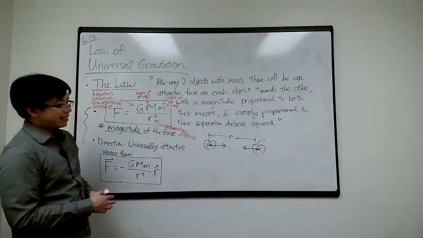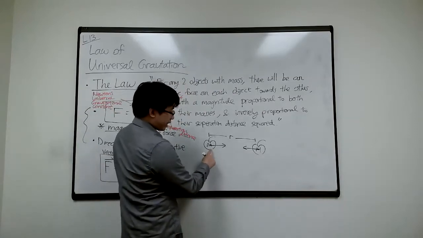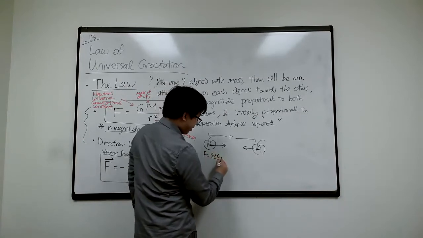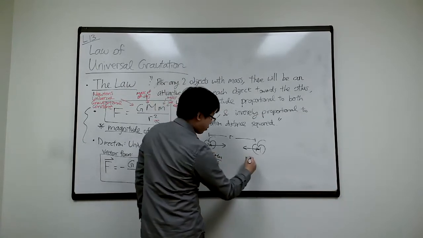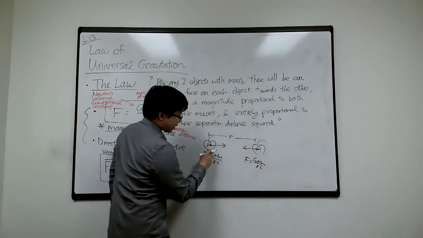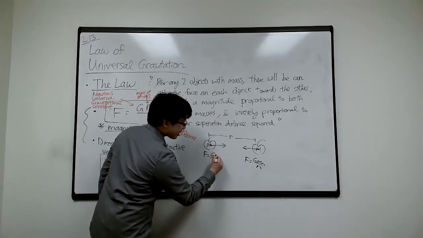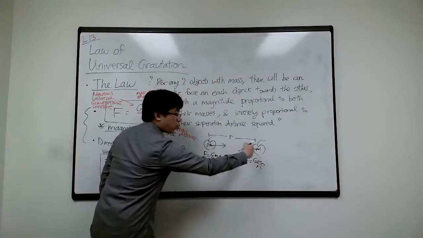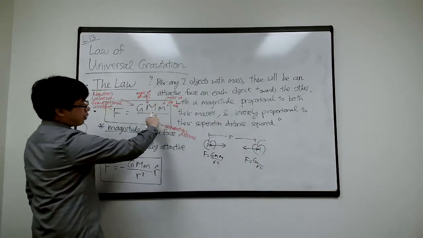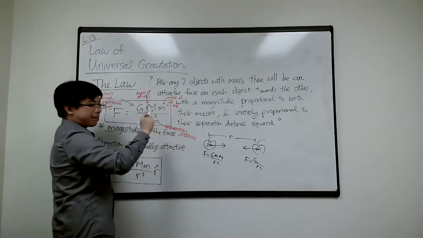Now you can see how Newton's third law takes effect. This guy will experience a force that is GMm over r squared, and this also experiences a force GMm over r squared. One of the masses has to be its own mass, and the other mass is what's causing the force.